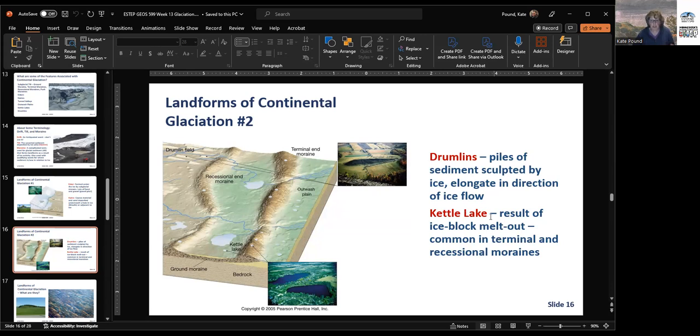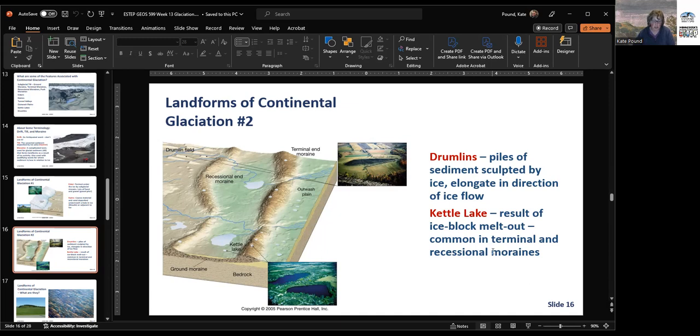Kettle lakes, which are near and dear to us here in Minnesota. These are the result of what we call ice block meltout. And they're common in what are known as terminal and recessional moraines. So a terminal moraine is a big pile or zone of sediment that marks the farthest extent of the ice.